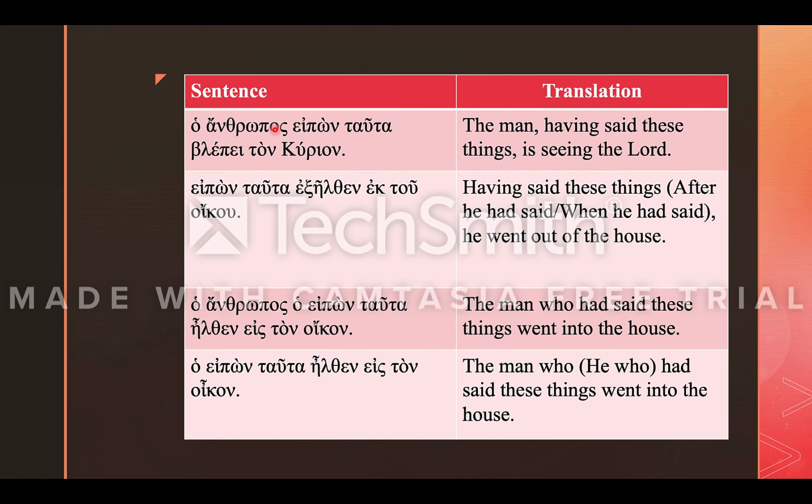The man, aipon, having said these things, blepai ton kurion, is seeing the Lord. Now you discover that the saying took place before the seeing, because blepai is your main verb, and aipon, which is saying, is in the aorist.